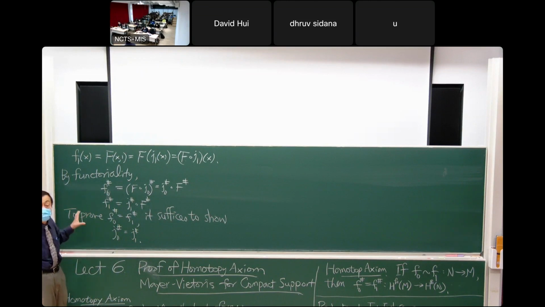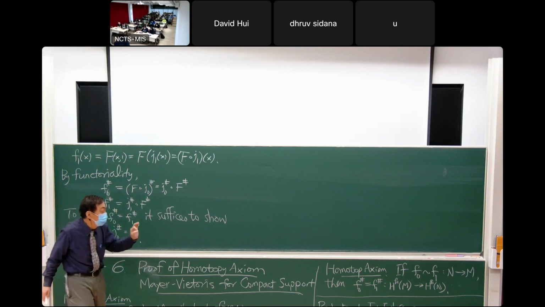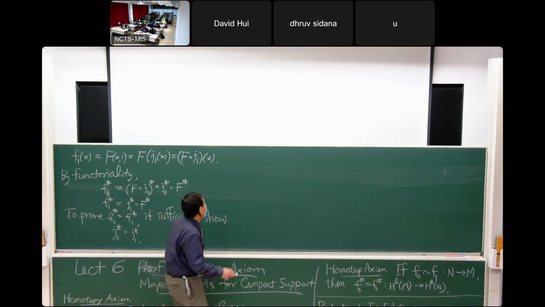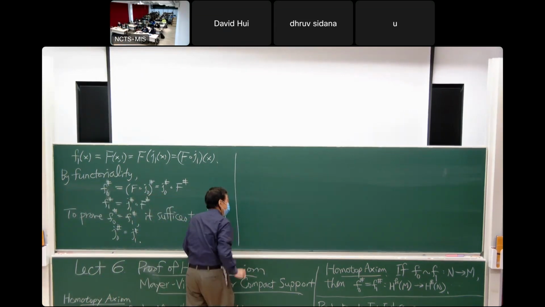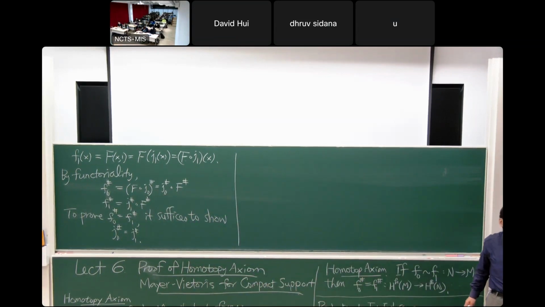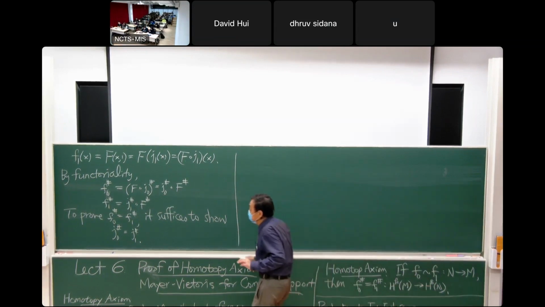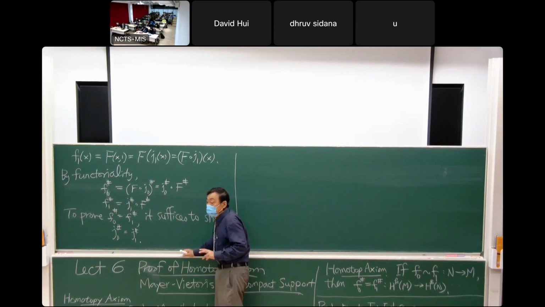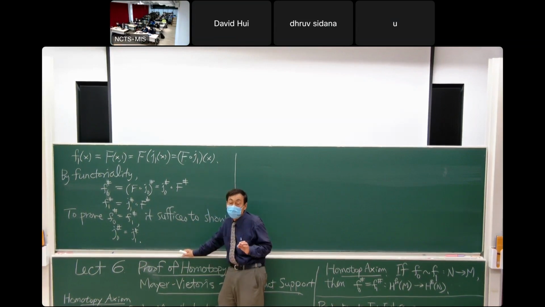Yeah, so that's a big improvement. Now you only have to look at these two very specific and simple maps. And in algebraic topology, to prove that two maps in cohomology are equal, there's a standard method called the method of cochain homotopy.